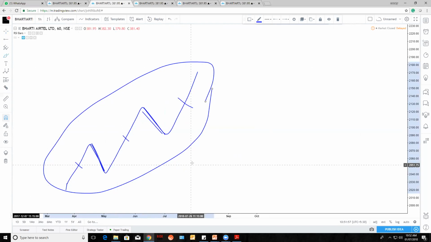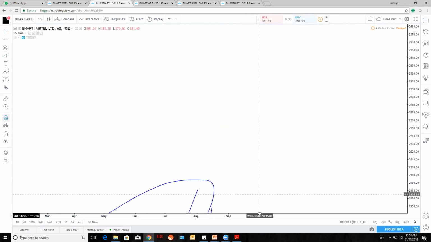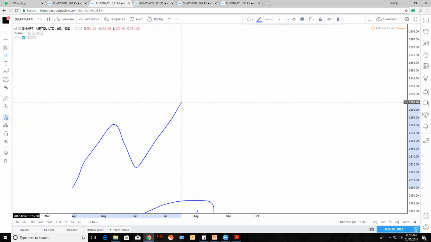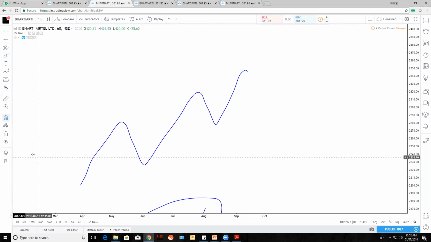For example, let's say there are two possibilities. One, let's say wave 1 is very big, and wave 3 is shorter than wave 1. In this case the 5th wave will be smaller than the 3rd wave. Getting my point? Wave 1 is the biggest, wave 3 is the second biggest.